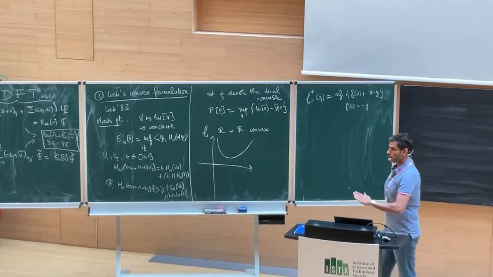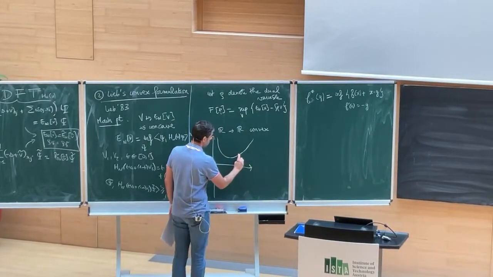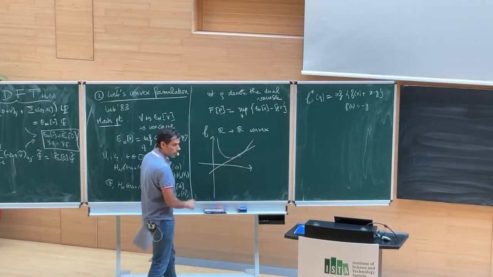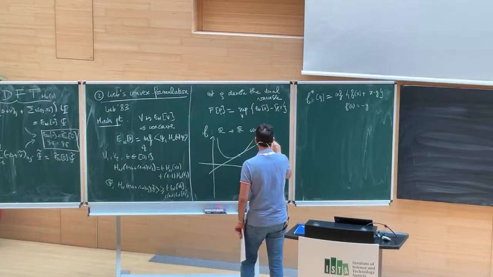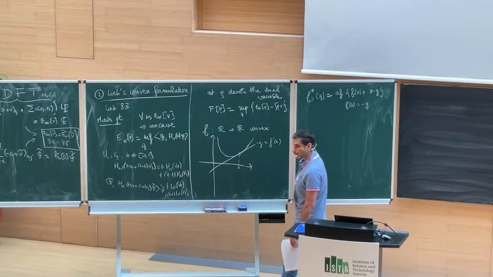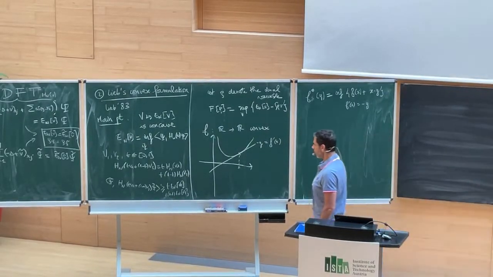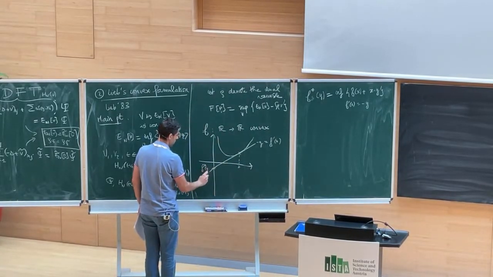So you fix the slope, which is minus y, and then, this slope being fixed, you try to find the point where it's tangent. Okay, so the slope is minus y, and this is equal to a certain f prime of x, and there it is x. Then you place your slope exactly touching the curve, and then here is f star of y.